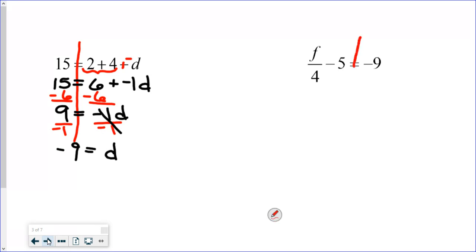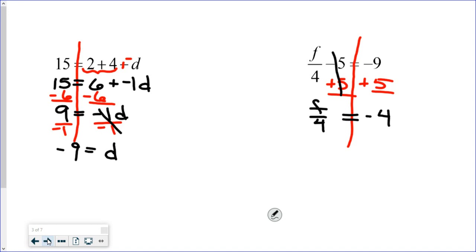Okay, the next one. Draw that line in. Remember, the f divided by negative 4 is attached. So what do we move? The minus 5. So add 5 to both sides. If you need to, again, bring that down. Gotta happen. Negative 9 plus a positive 5 is negative 4.